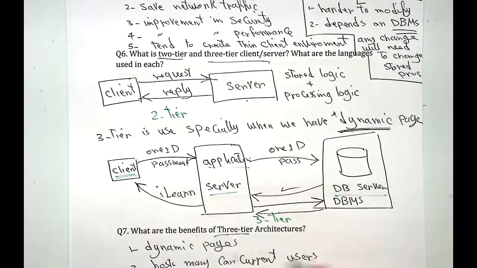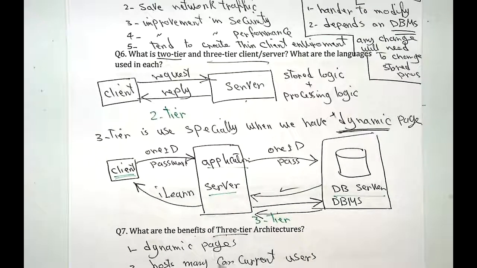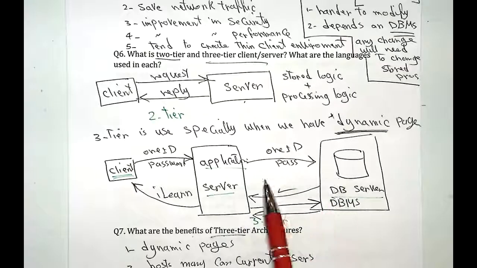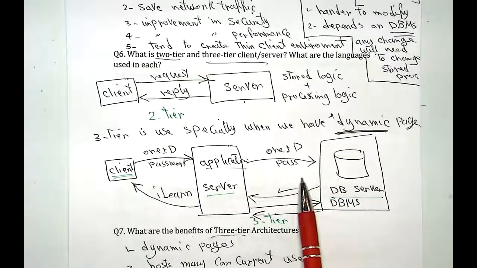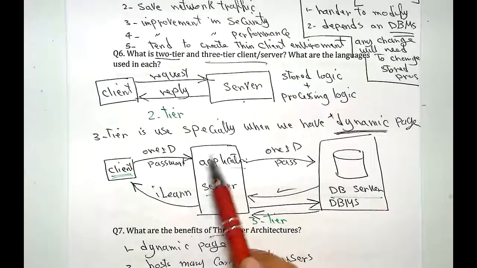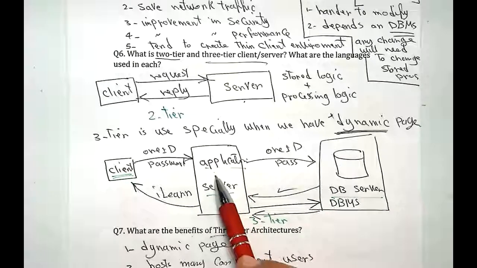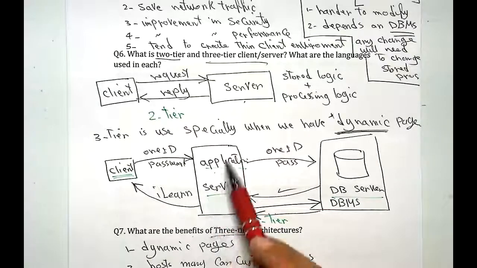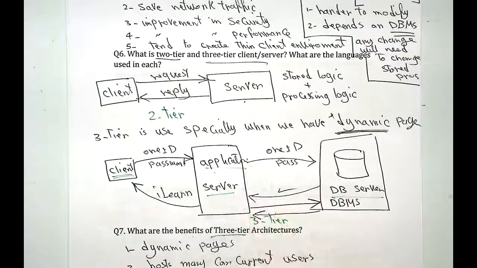Many users can access, because now the workload is distributed between the application server and the database server. And don't think of the application server as just one computer or one server. It can be multiple. They can work in synchronization.